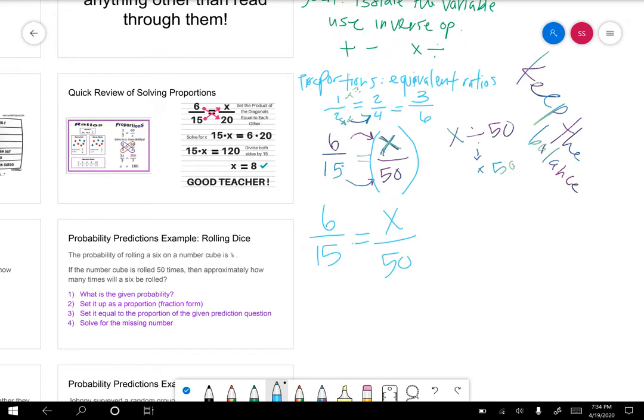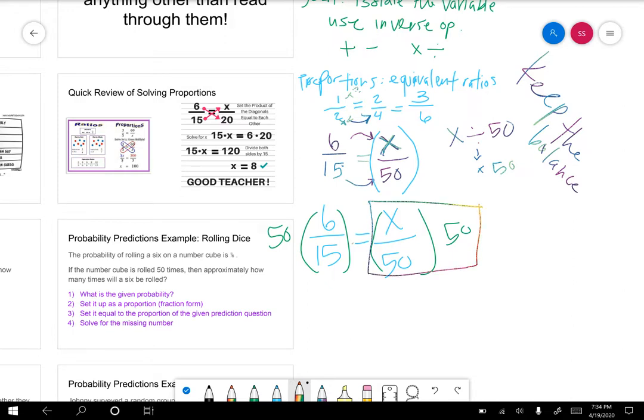So again, isolating x, because it's being divided by 50, we're going to do the opposite and multiply by 50 to both sides. Now, what happens over here, I want to go over this. I don't want to just tell you that the 50 and 50 cancel each other out. I want to go over how that works.